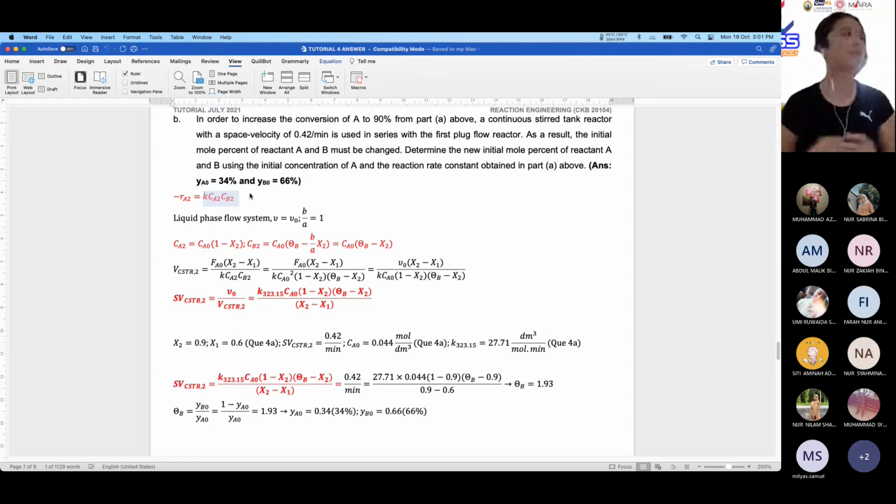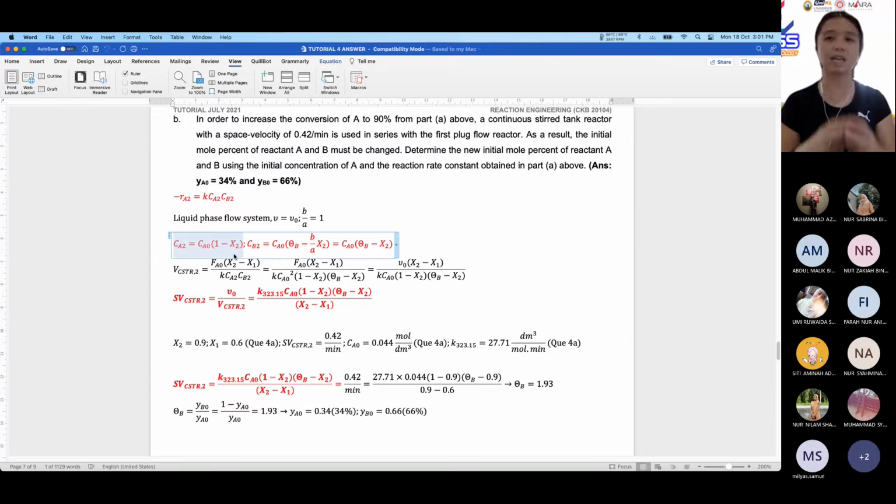Okay, then done. Lepas tu pula sama je konsep. Kita pun kena express CA2 and CB2 in terms of CA0 dan X2. Sama je, kita kena express balik concentration dia. So untuk express CA2, kamu dah pernah belajar.